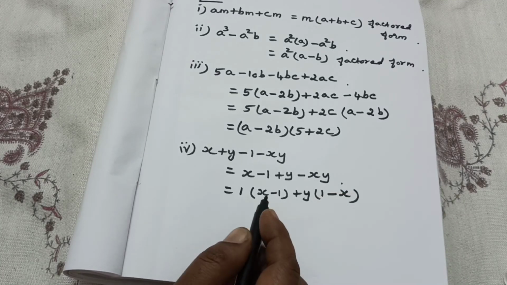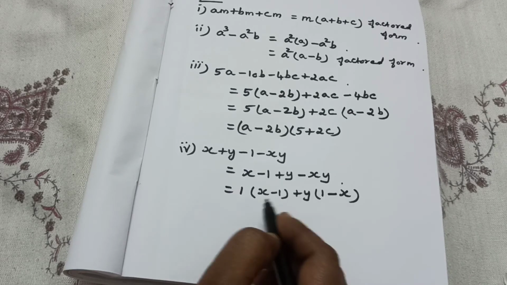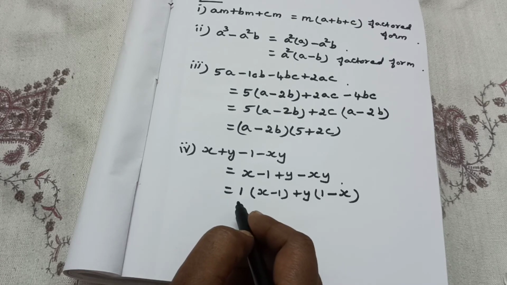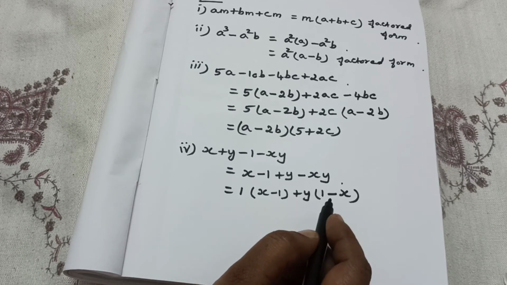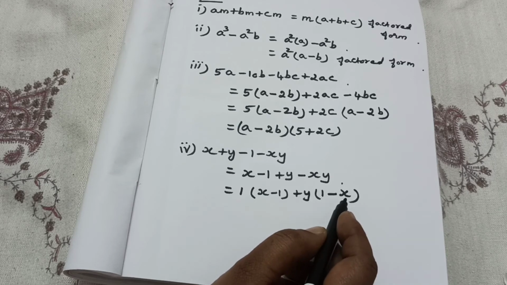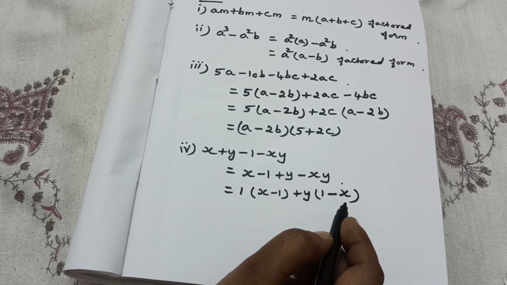Okay? Here this is one term, this one another term. Suppose here any common is there, x minus 1, here also x minus 1 is there, then the common we can take outside. Clear? So, we have to change this sign. Okay? This x first we have to bring, then minus 1, then next we have to bring.